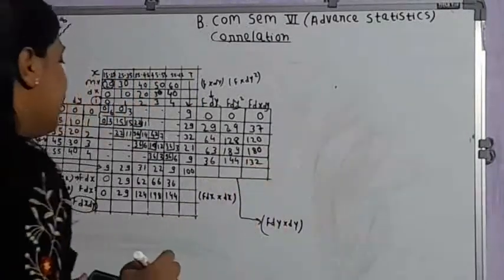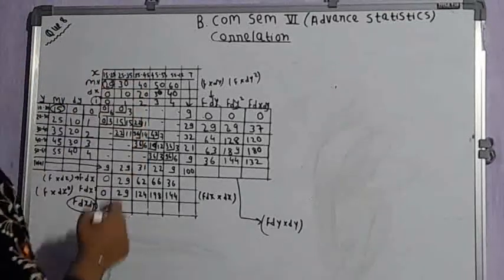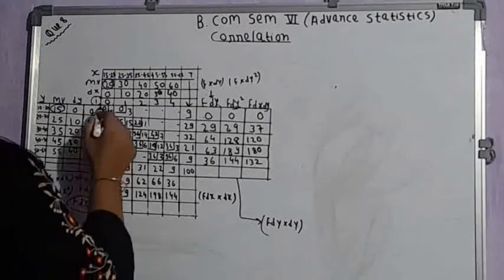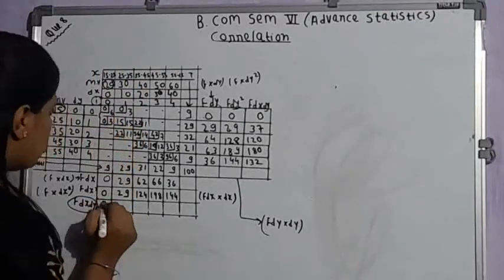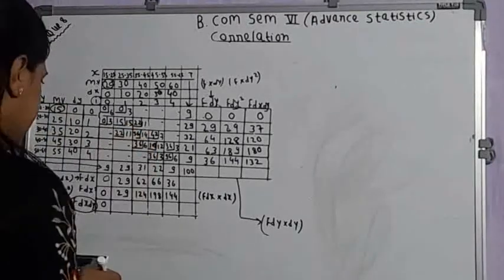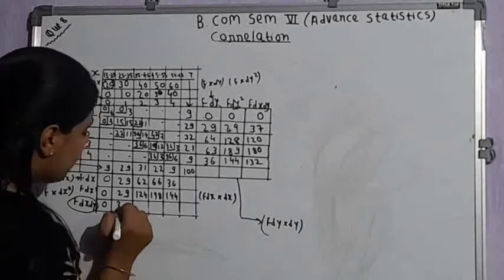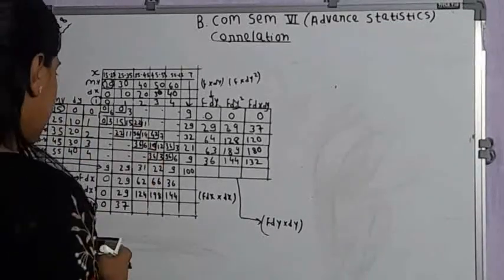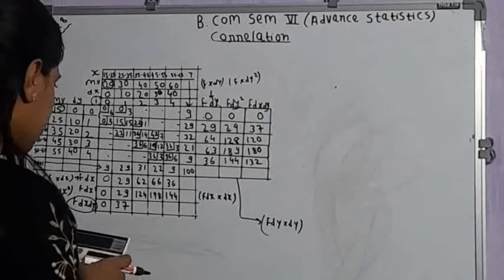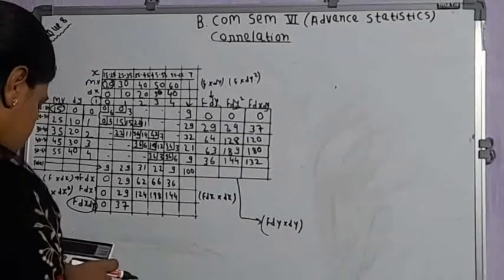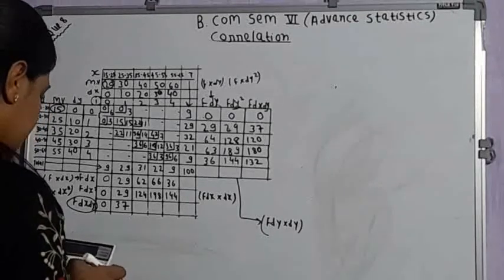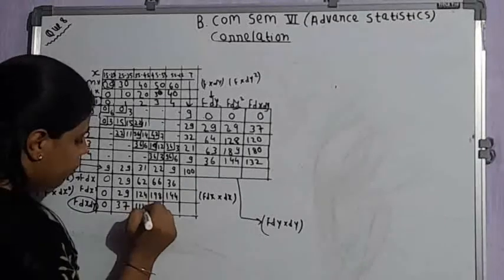Then we have to make the vertical total. So 0 plus 0 is 0. Then 15 plus 22 would come to 37. Then 22 plus 56 plus 36 would become 114.